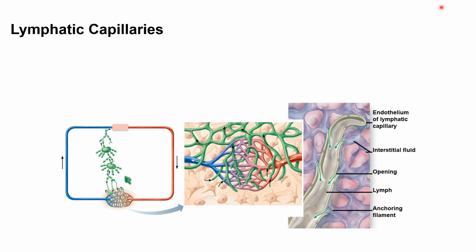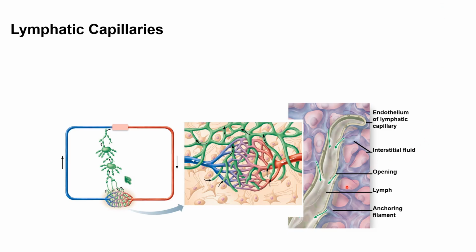Now, the endothelial cells of these capillaries are not tightly bound, which makes sense because things can easily move in and out of them. The edges of the cells that are adjacent to each other just flap over each other, okay? And these flaps form mini valves, which are going to allow fluid from the tissues to enter, okay?